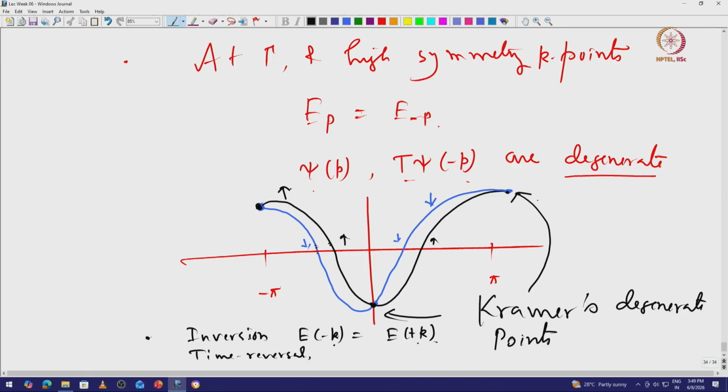So, all points then must be degenerate. Show that all k points are degenerate. So, this is a homework.